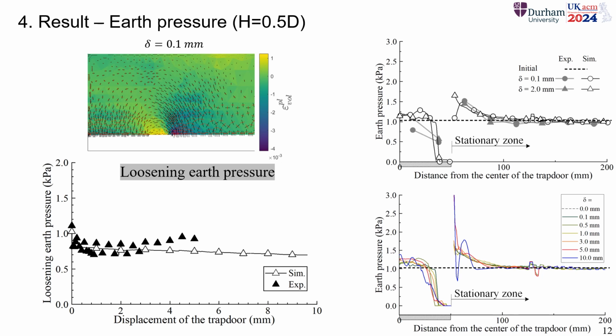While on the left here you have the loosening earth pressure, so how much the earth pressure changes compared to the initial state, and you can see that the results capture quantitatively the trend. There is one difference toward the end, which we will go on to discuss later on.